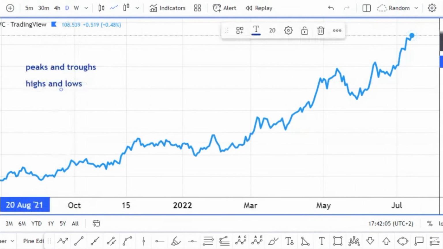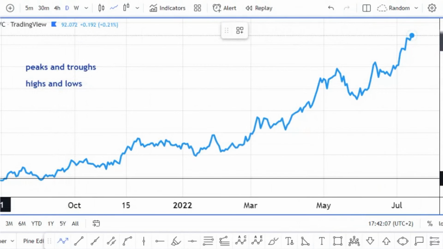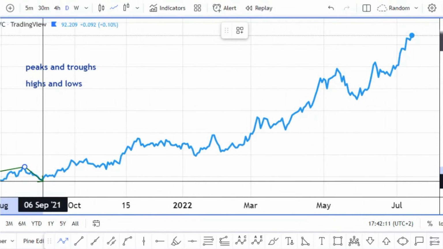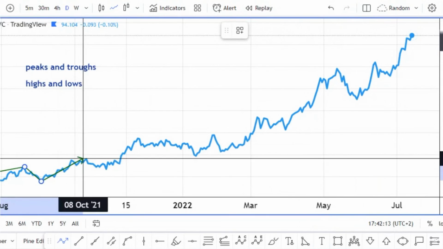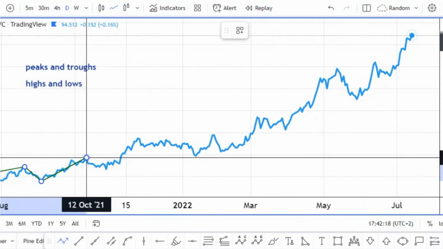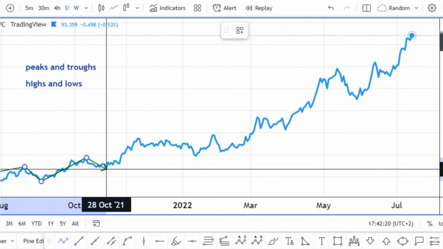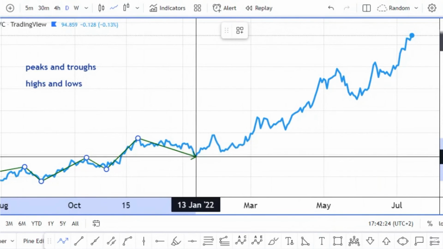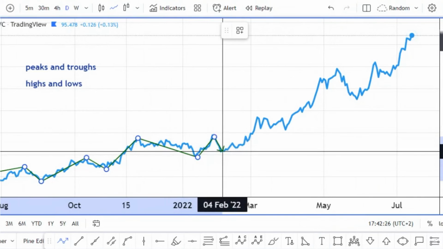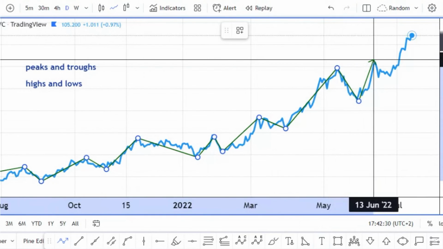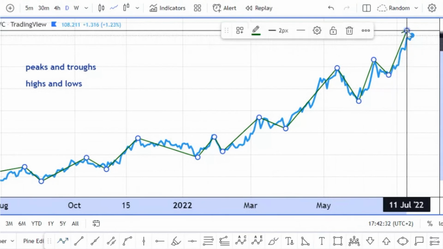What I mean is, let's start here. This is a high, this is a low, or this is a peak and this is a trough. This is another high or a peak, this is another low or a trough. This is another high, another low, high, low, high, low, and here's a high.